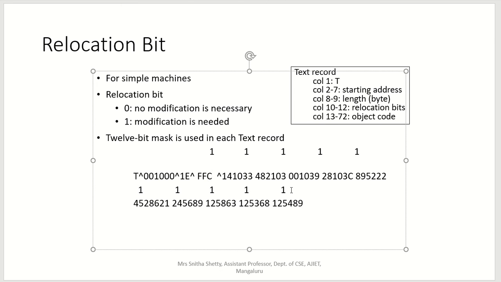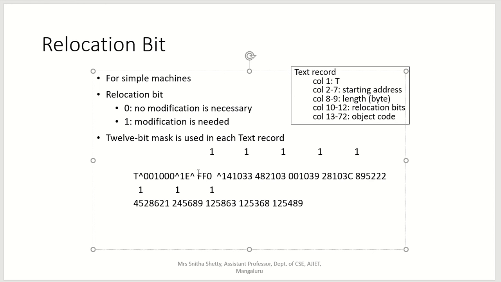Okay, so assume this one is not modifying. So that time what happens, tell me? So 1 1 1 F, 1 1 1 F. And this is not getting modified, so 0. So this will be just FF, 0, no modification.